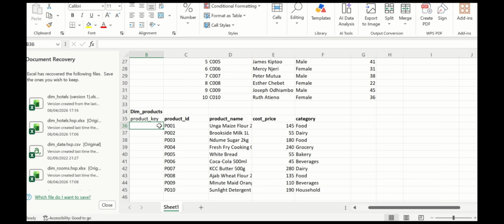So P01, we can represent it by 1, this one 2, 3, 4, we have 5, 6, 7, 8, 9, and then 10. And also this product key will be our primary key.